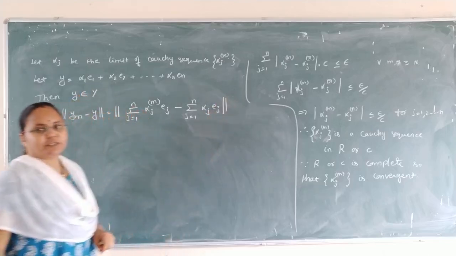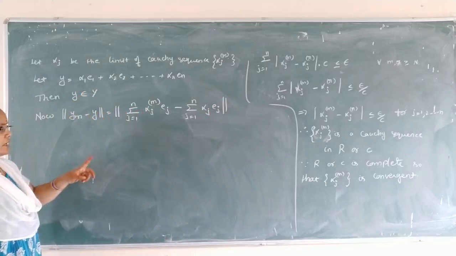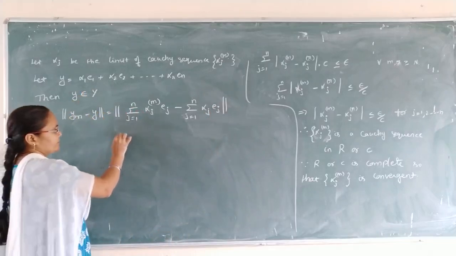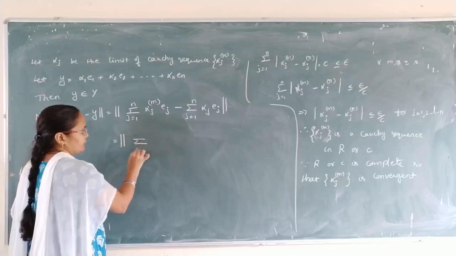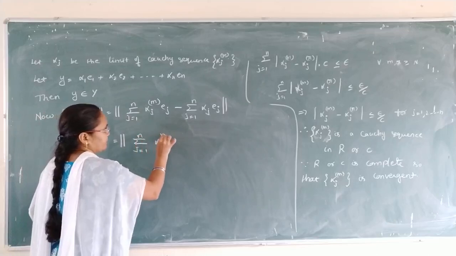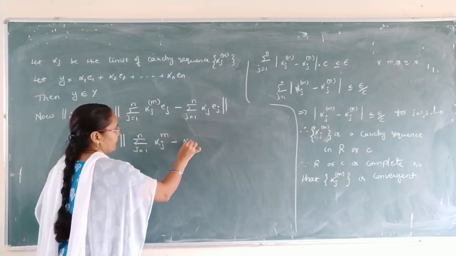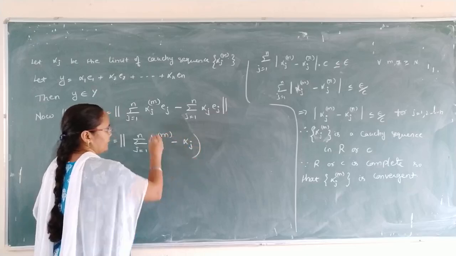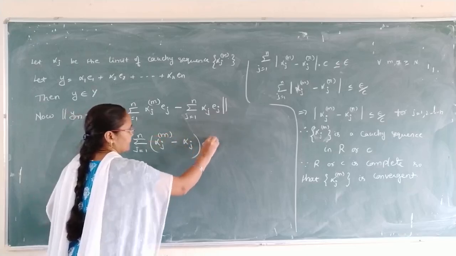Here also the same thing, take a summation and alpha j comes common: summation j is equal to 1 to n of alpha jm minus alpha j into ej.